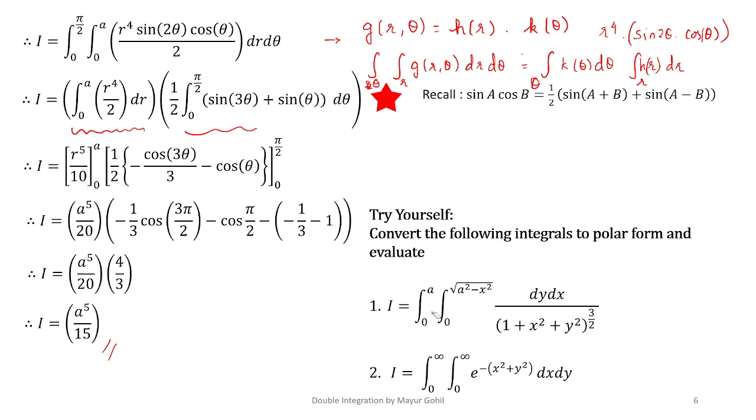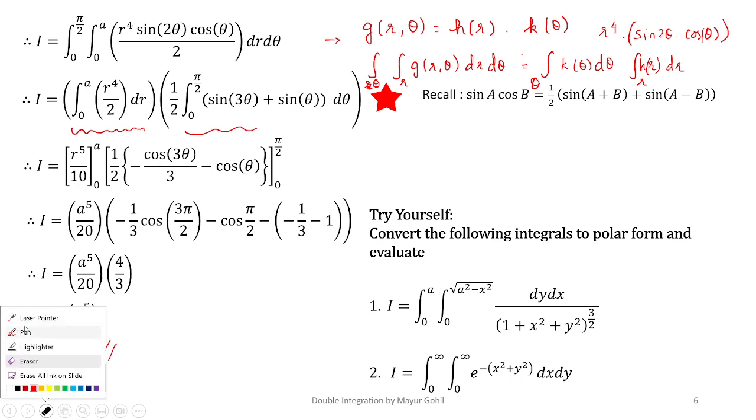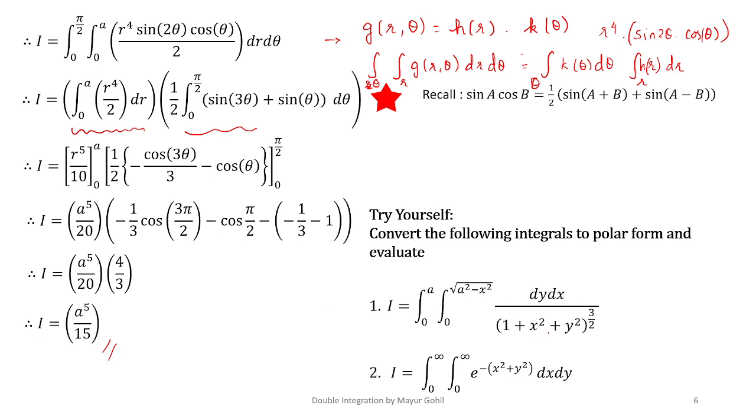Whatever way we have done, the same way you can approach over here also, because here also in the denominator you can see x square plus y square is there. You can substitute it as r square and simplify it. You will get the following answer. The answer is pi by 2 times 1 minus 1 over square root of 1 plus a square, and for this one your answer will be pi by 4.